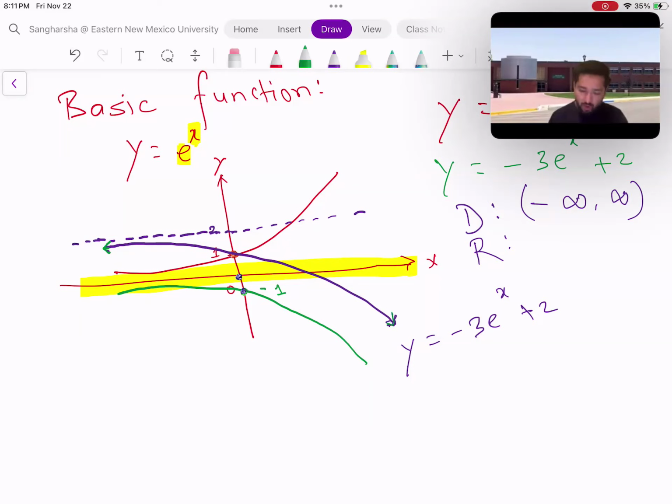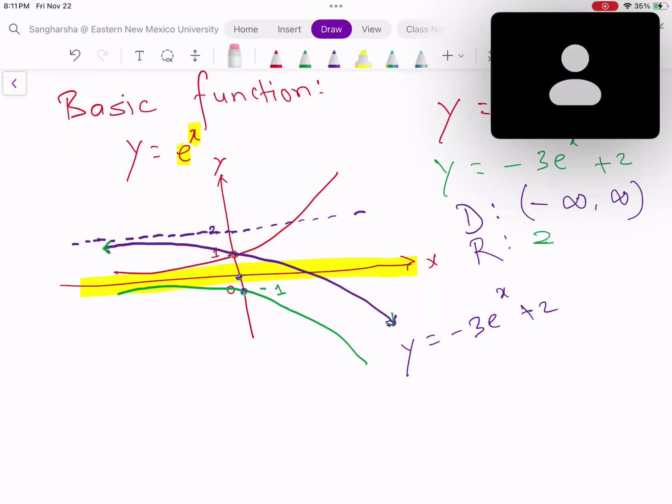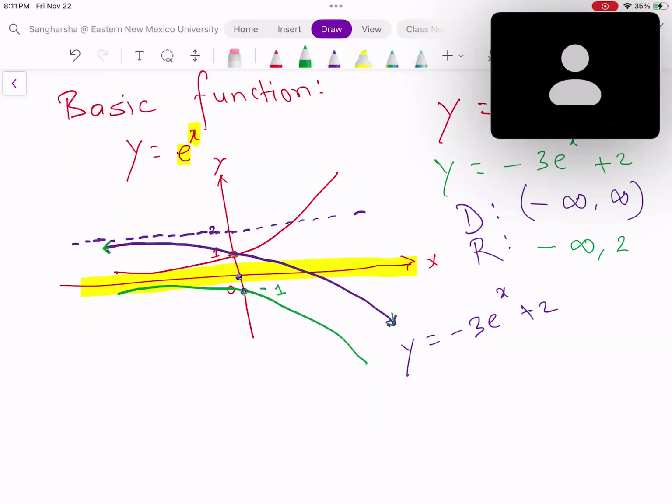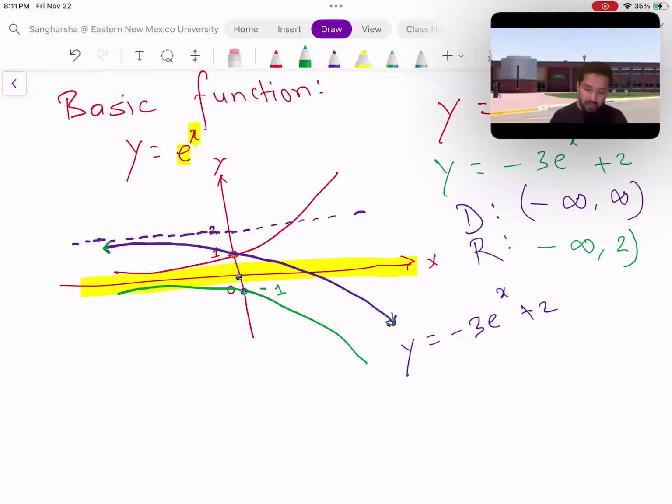Okay, so from +2 to all the way negative, sorry, that's not how we write the interval notation. So from negative infinity to 2, and 2 is not included. It means when you extend this graph it never touches this horizontal line at 2. So from negative infinity to positive 2, excluding 2, is our range.